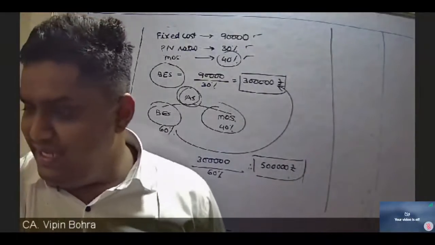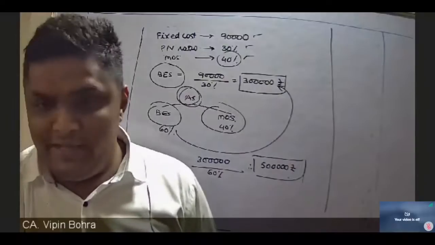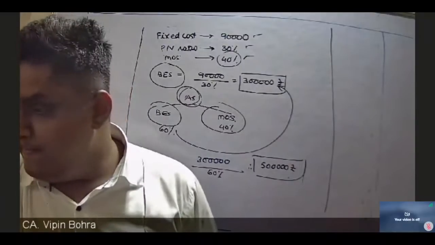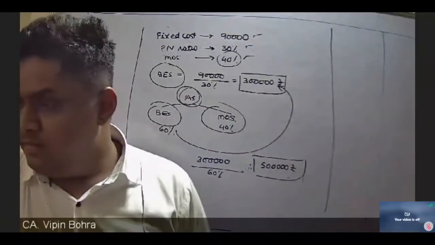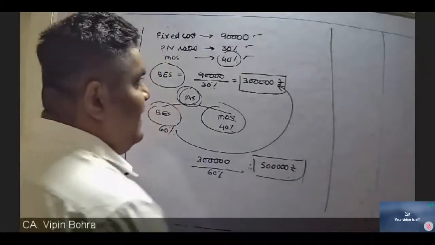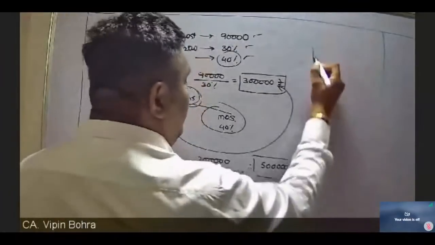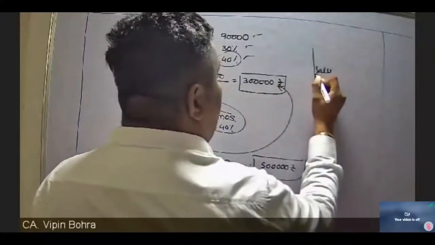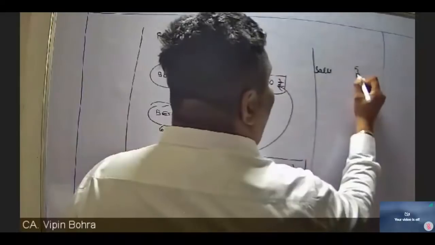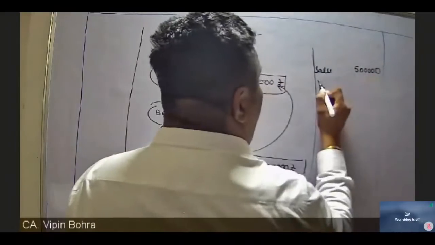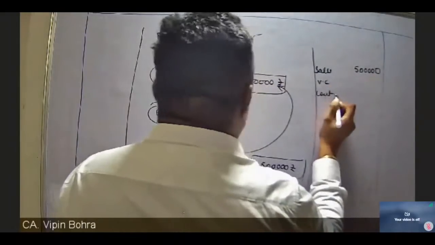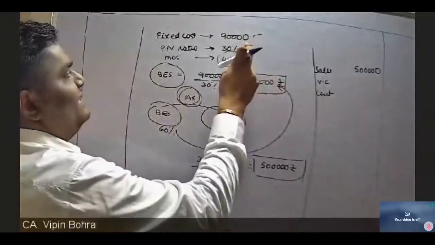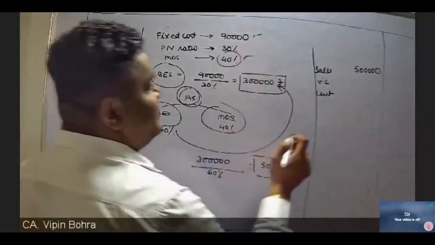Arjun, please check it again. Very good, Mansha. Now, since we have got the sales, we can easily calculate profit also. My sales is how much? 5 lakh rupees. The relationship between sales and contribution is PV ratio.